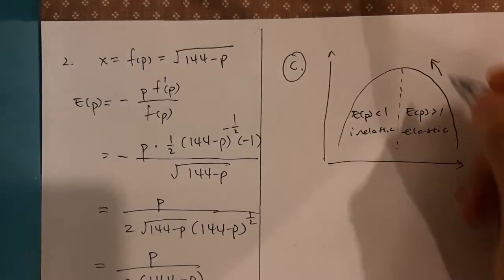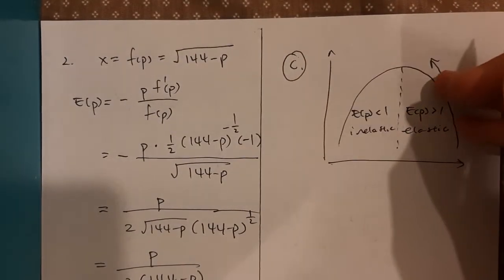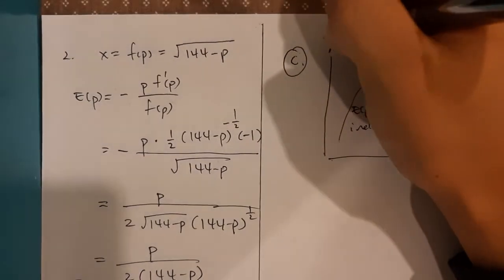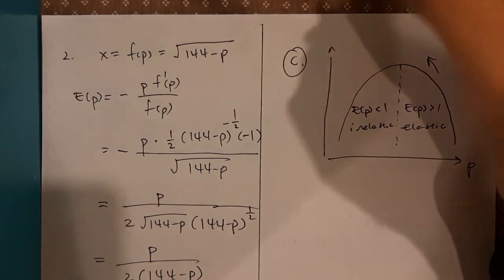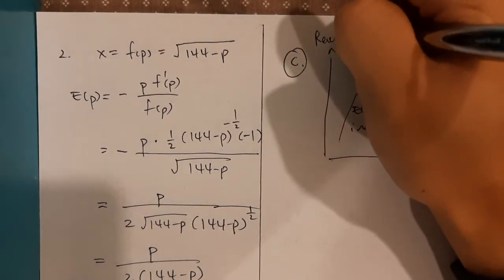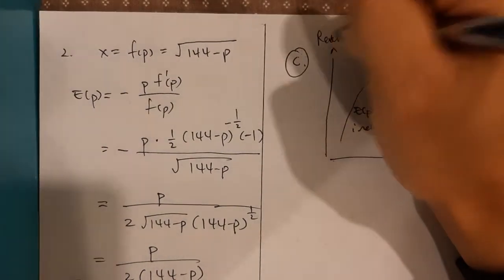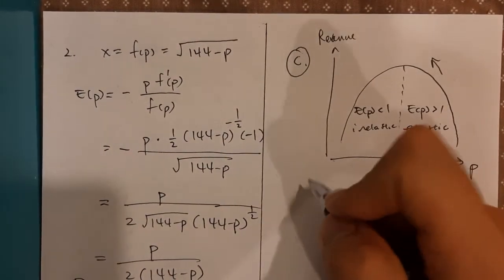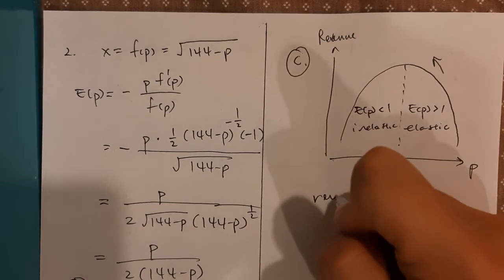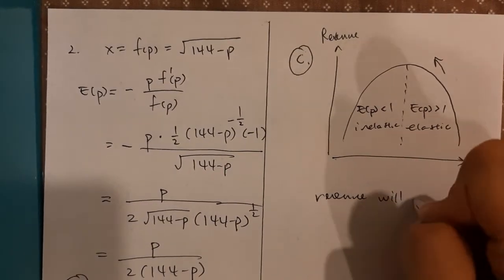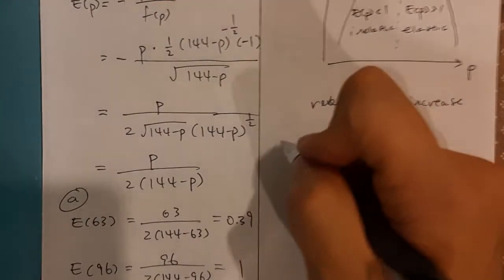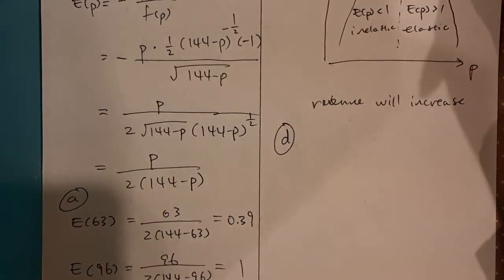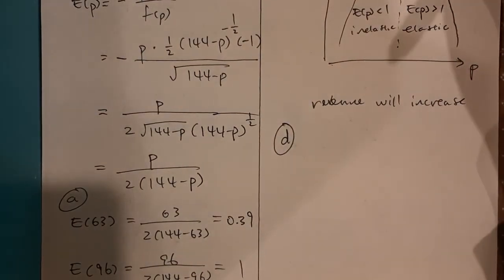The price is being lowered, so we move to the left. On the graph, it goes up. So the answer would be it would increase. The revenue will increase.